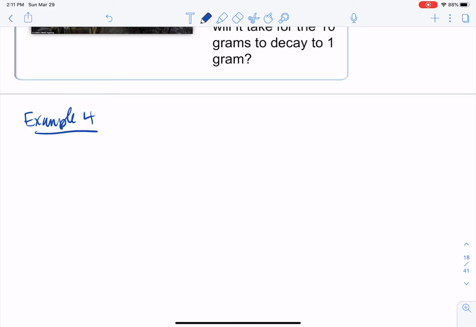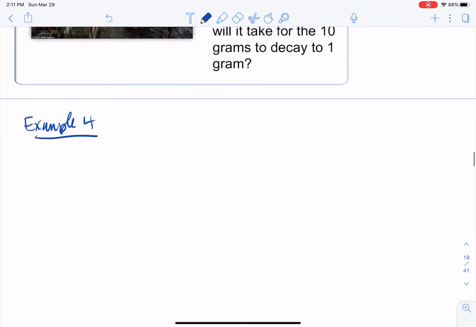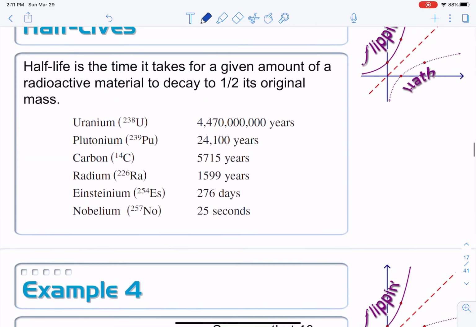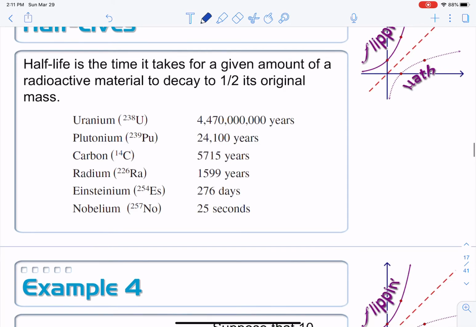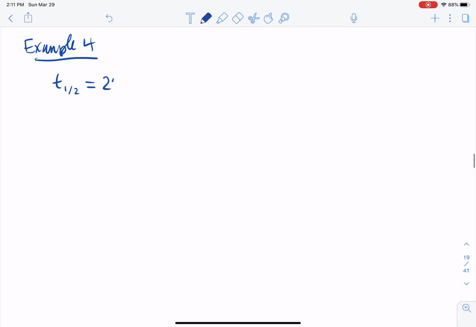Example 4. So we're talking about Pu-239, which has a half-life. This is usually the way that we write this: P sub 1/2 is equal to, and from the previous half-lives page, you can see that's 24,100 years. A long time, right?